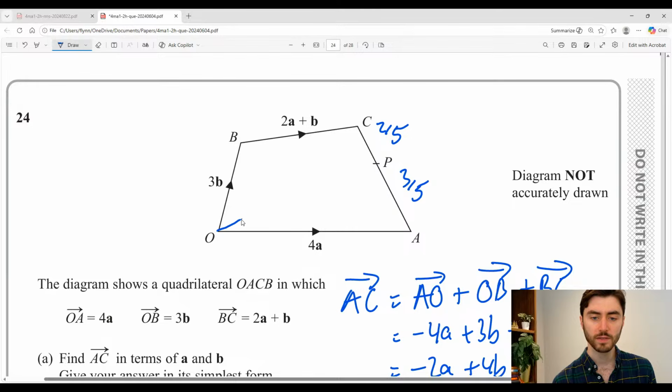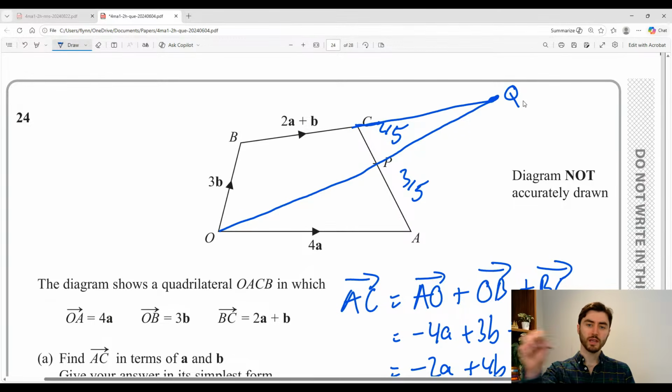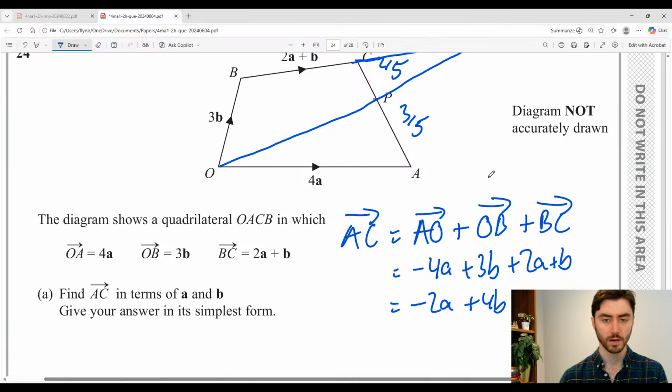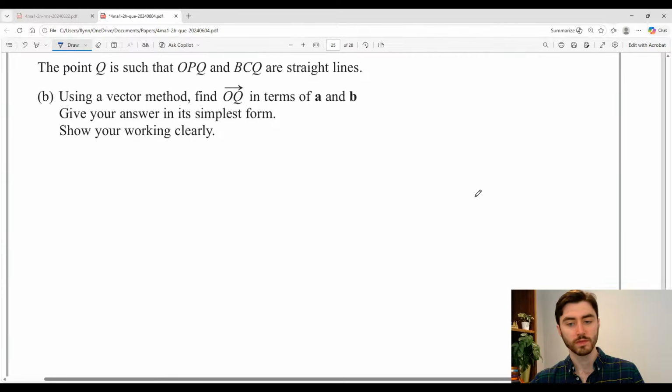So in other words, what they've done, oh no, I've missed that entirely. Again, best done with a ruler, but you carry that on a straight line, and you carry that on a straight line, and you get to this point Q. So OPQ and BCQ are straight lines. Using a vector method, find OQ in terms of A and B.